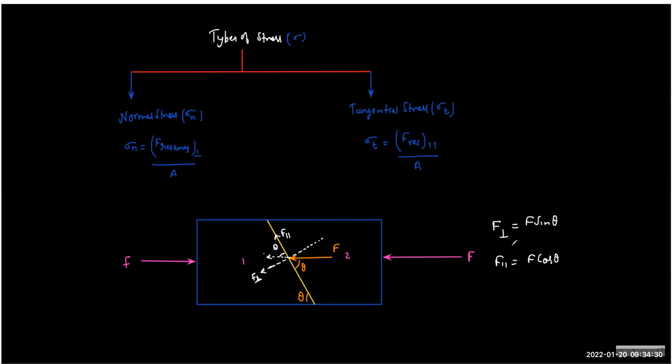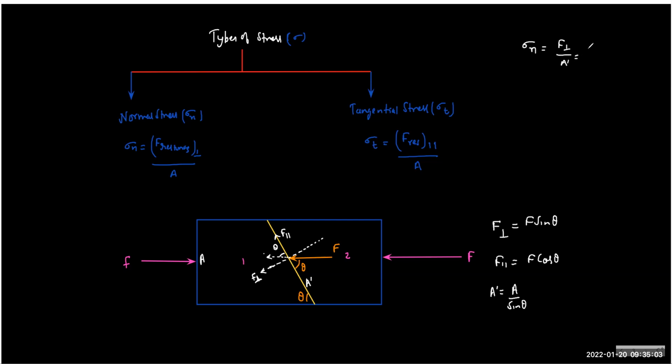So now we have the two forces available to us, and we know if this area was given as A, we got this area of this cross section A dash. What was A dash? A by sine theta. So now if I ask you what is the normal stress developed there? Normal stress will be F perpendicular upon A dash.